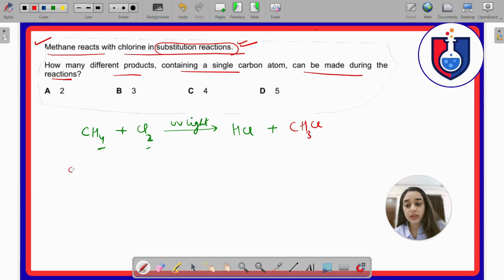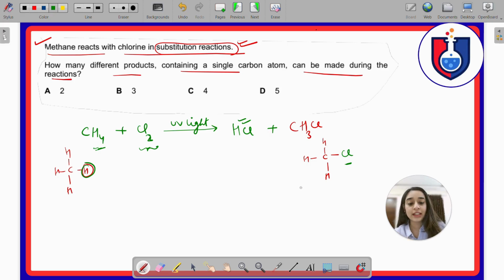This had four hydrogen atoms, and one hydrogen is replaced by a chlorine atom. There were two chlorine atoms, so one chlorine atom is placed here, and the other chlorine atom is bonded with the hydrogen which was displaced, as HCl.